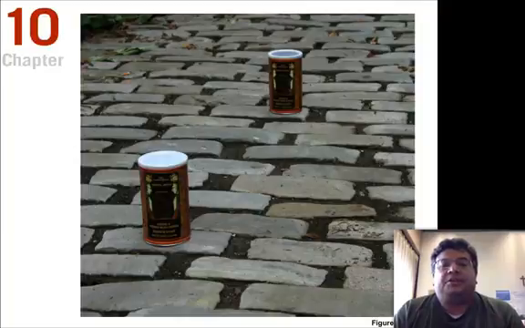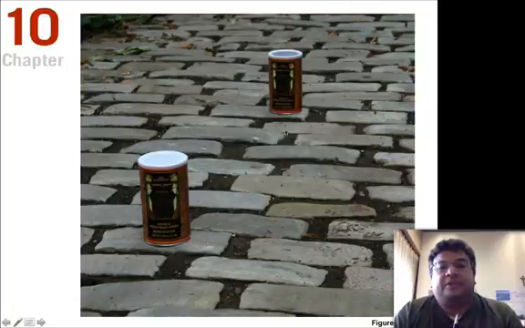These two cylinders look the same, and the way we know that they are in fact probably the same size is the fact that they both cover the same amount of space of a brick here. So this is about as wide as this brick, and this is about as wide as this brick.